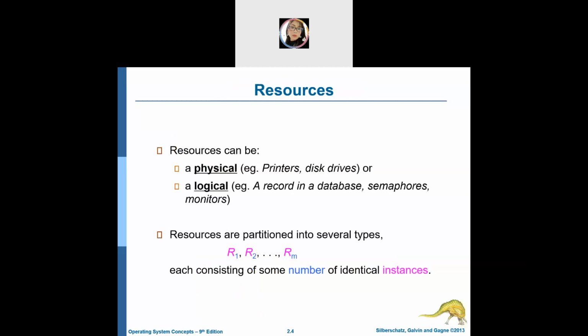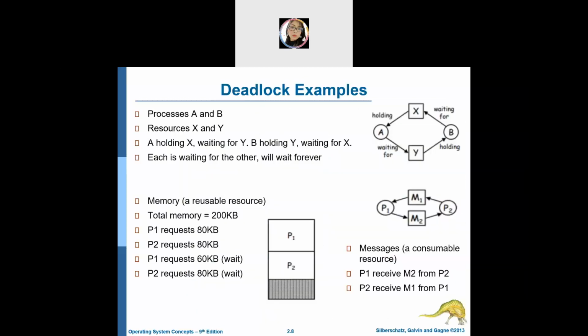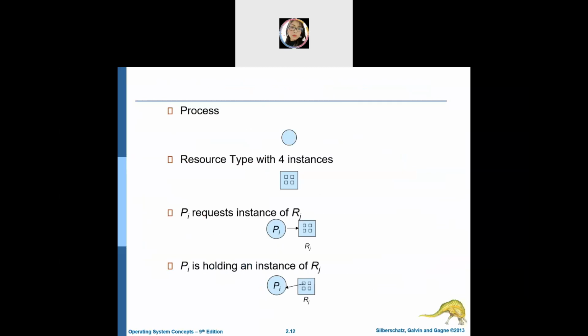In terms of resources, take a look at the differentiation between physical and logical. This is important regarding the error last time: how you define whether it is a request or it is holding. If the edge points out from a process, it is going to be a request for the resource.